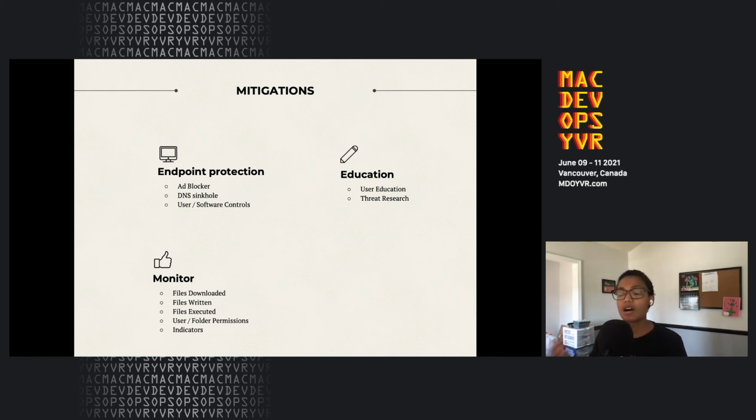Maybe you want to monitor for files being downloaded to the downloads folder, files being executed and written from the volumes folder or the temp folder. Those are the two most common directories that are targeted by Slayer. So those are good directories to monitor first. You also want to look for user and folder permission changes, again, mostly in that temp directory. Just start off there and maybe start to branch out and filter it and adjust as needed.